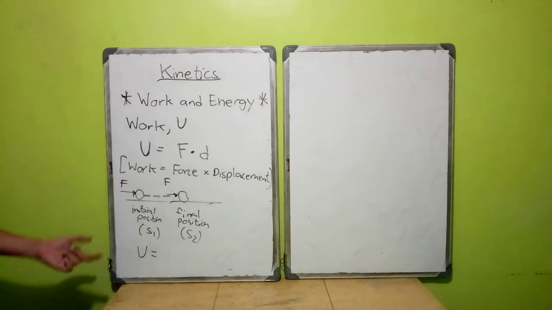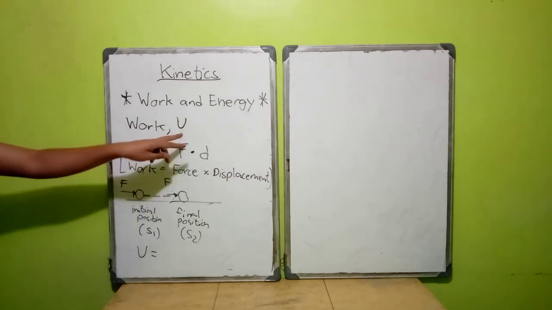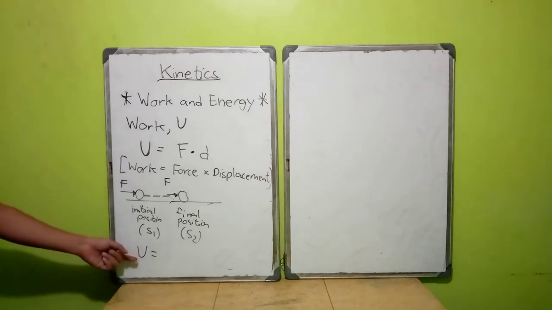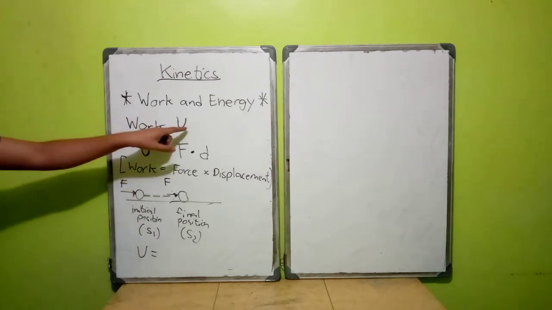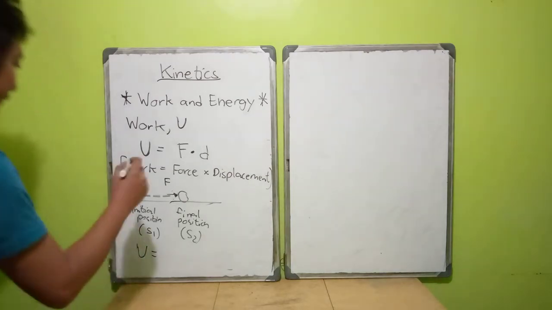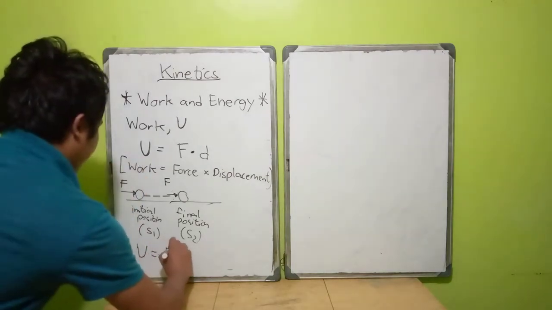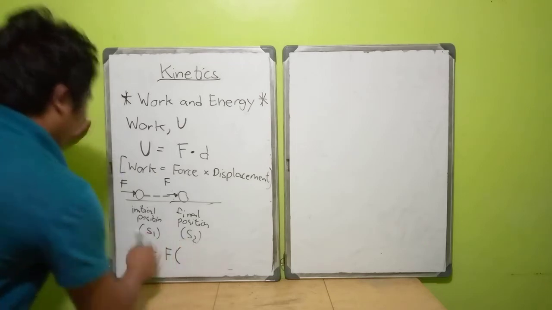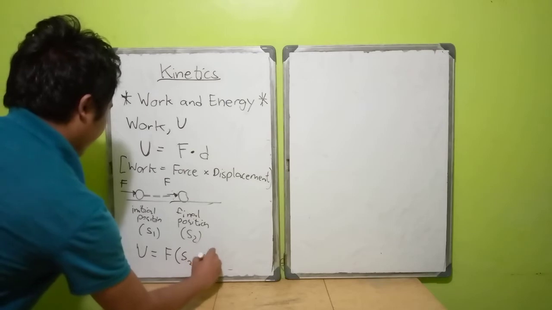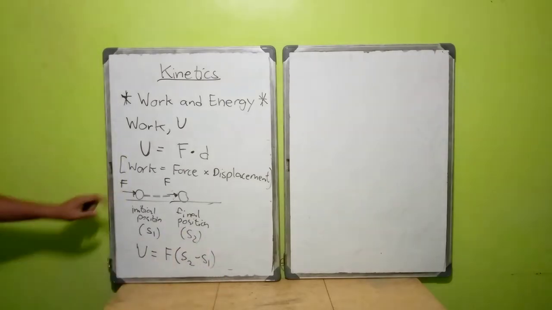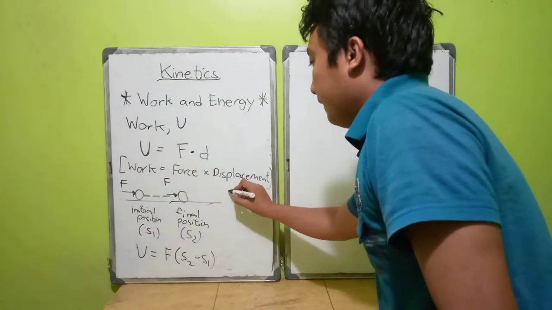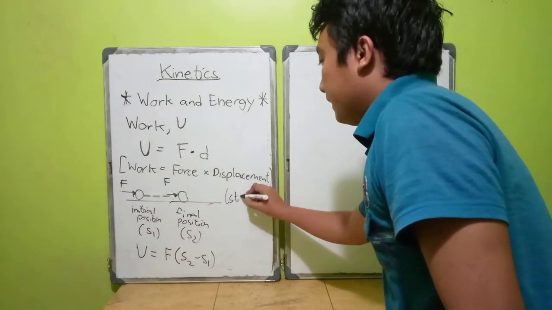There are books which use U for work, and there are also books that use W for work. Therefore your work is equivalent to F times S2 minus S1.